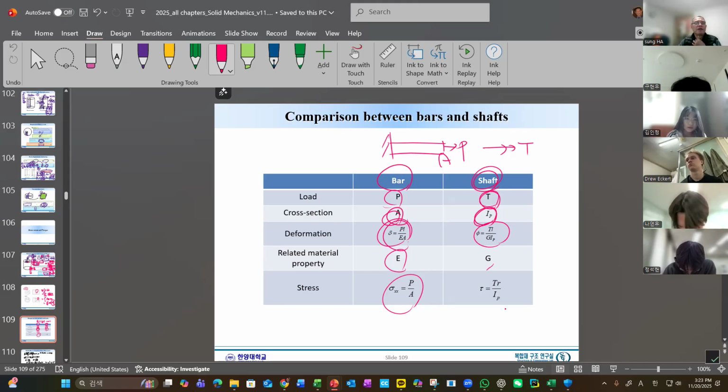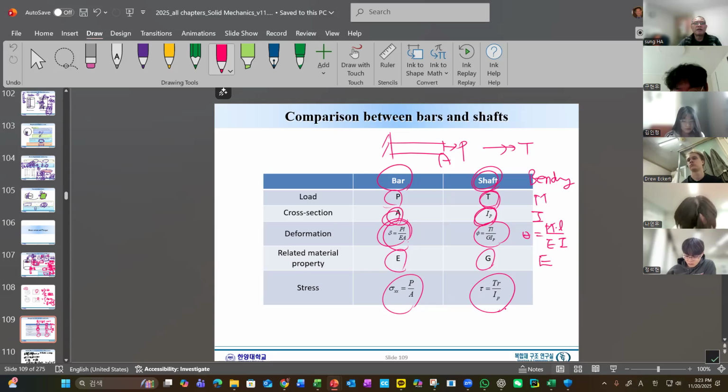Instead of E, we have G. Instead of the axial stress, we will have T over Ip times R. And we can, of course, compare with the bending. We have a moment, and then we have an I, and we have a theta. We have moment, L, E, I. And instead of G, we have E. The sigma x, what do we have? We have a moment, and then I times y.